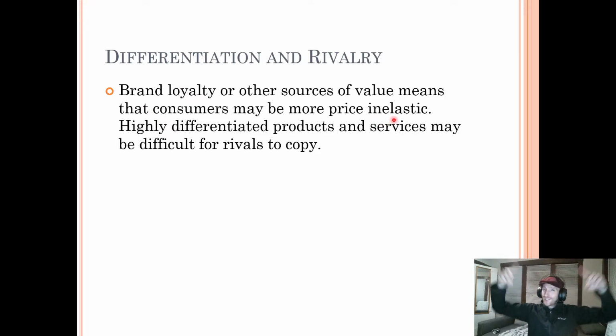If you remember price elasticity from your economics class, all that means is that inelastic means that a 1 unit change in price predicts less than a 1 unit change in demand. Fancy way of saying that as prices go up, okay, people would still kind of stick around. All right. Highly differentiated products and services may be very difficult for your rivals to copy.